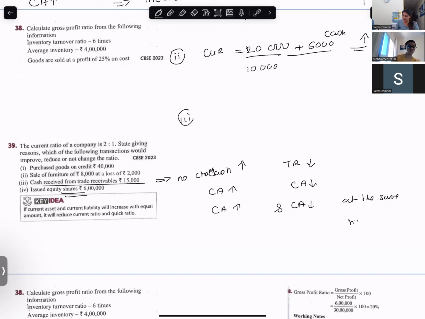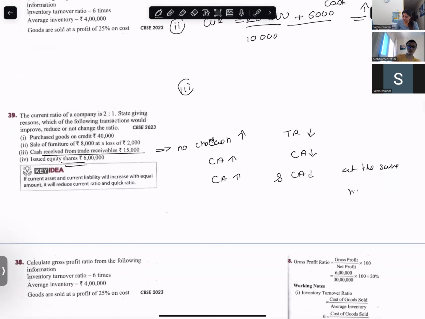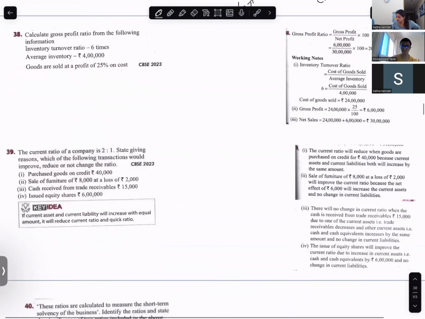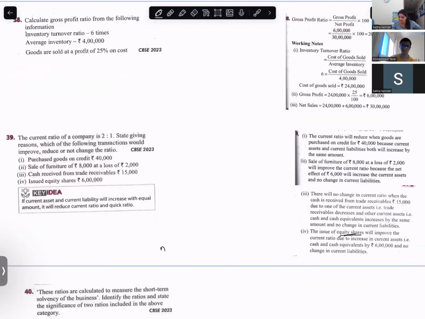Issued equity shares. If I issue equity shares, money is coming in, so my current asset is increasing.